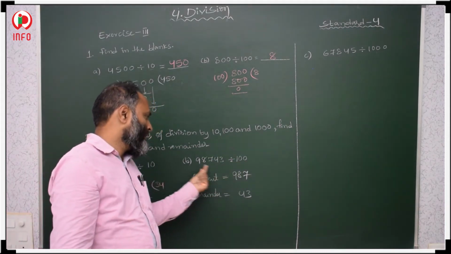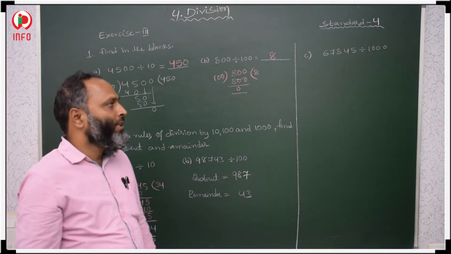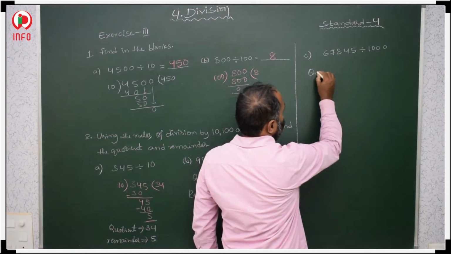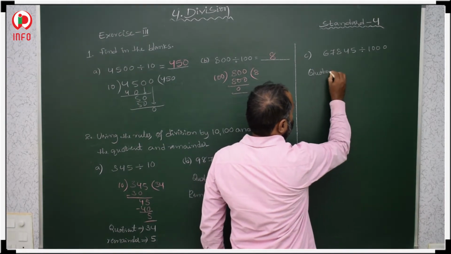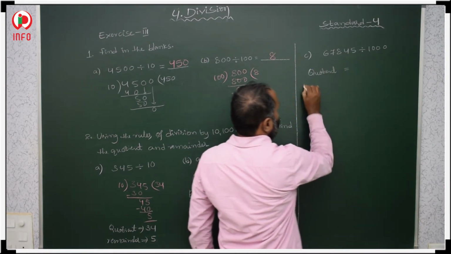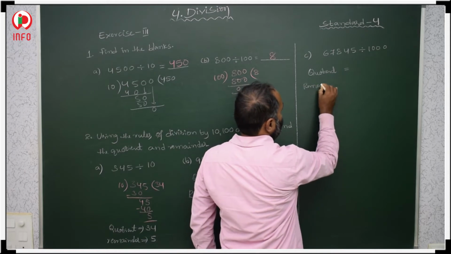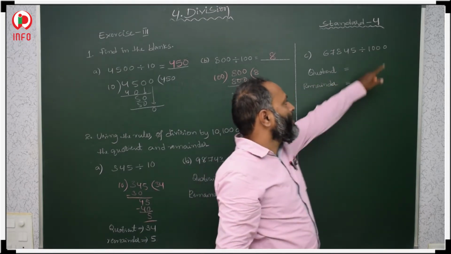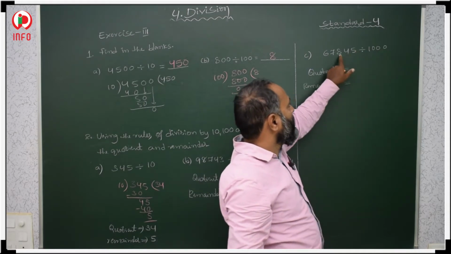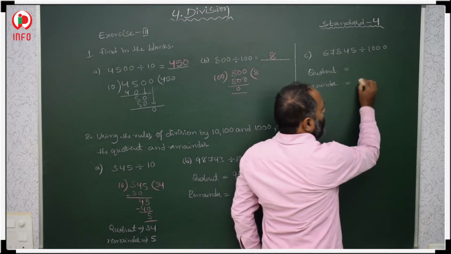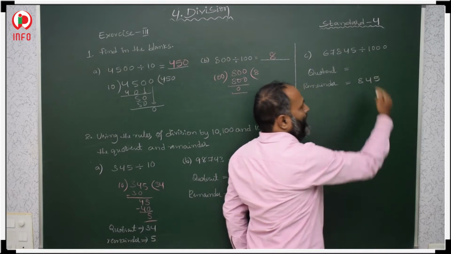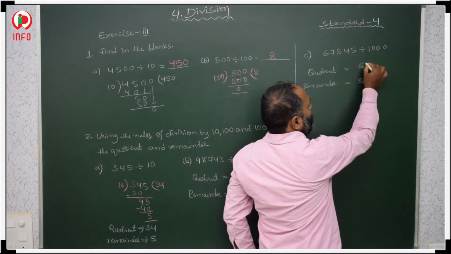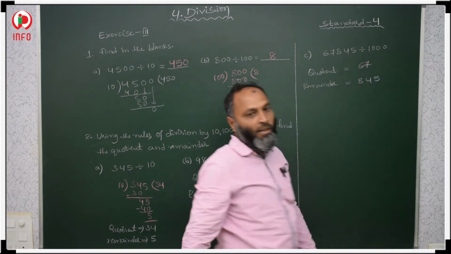In the same way, when we divide by 1000, the last three places are our remainder, and the rest of the places are our quotient.